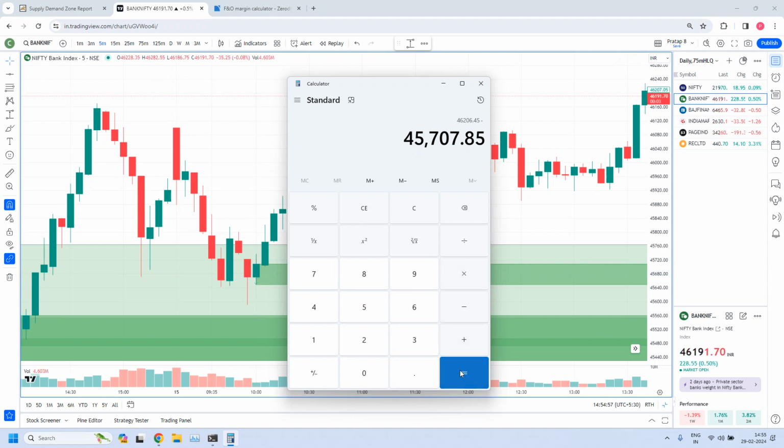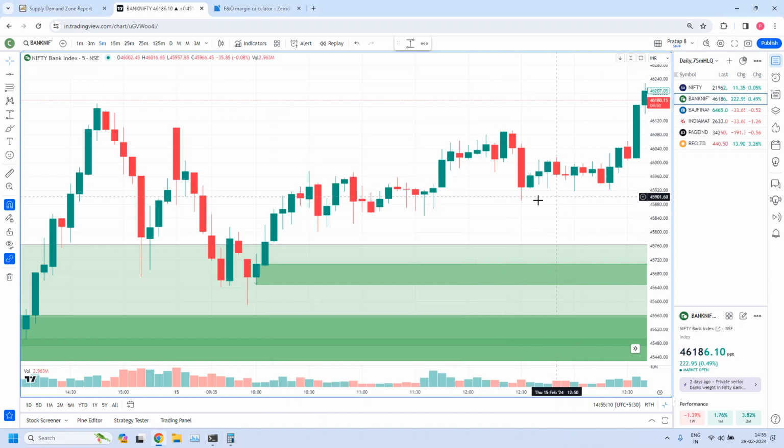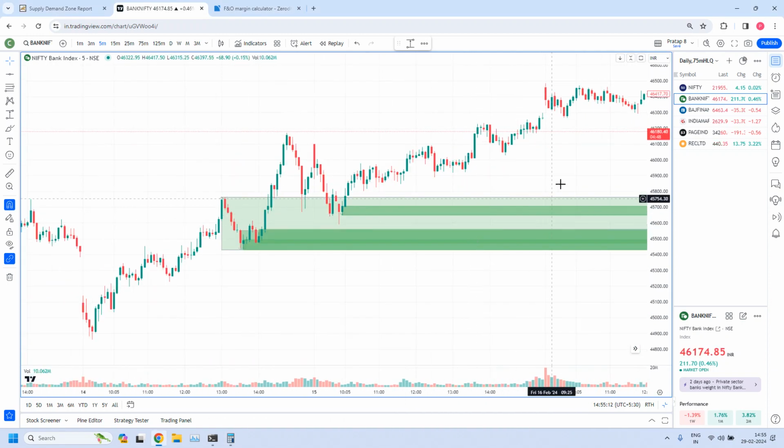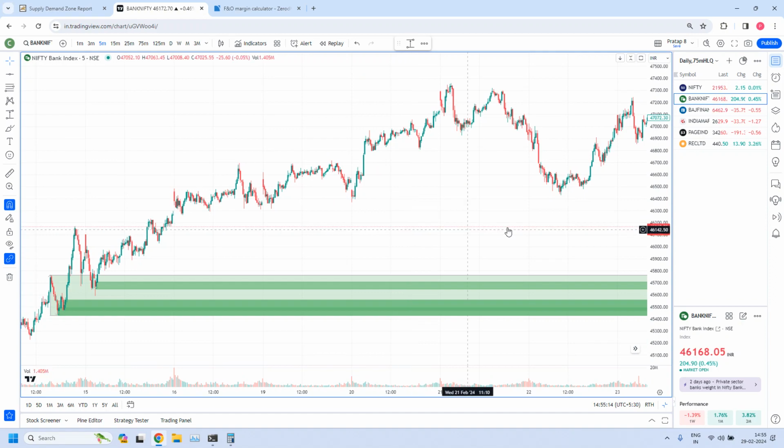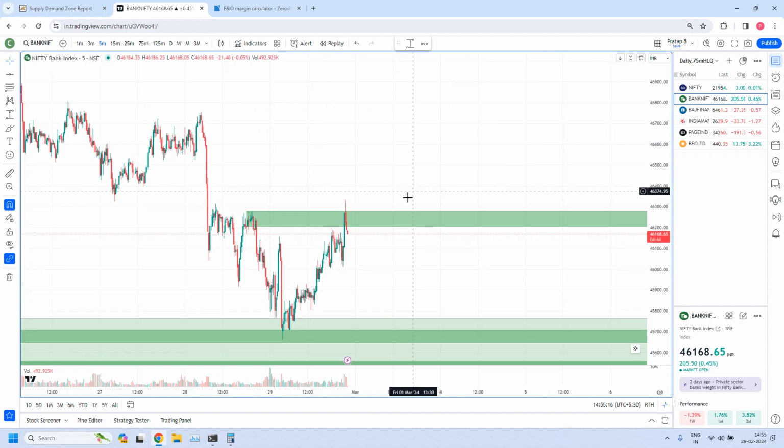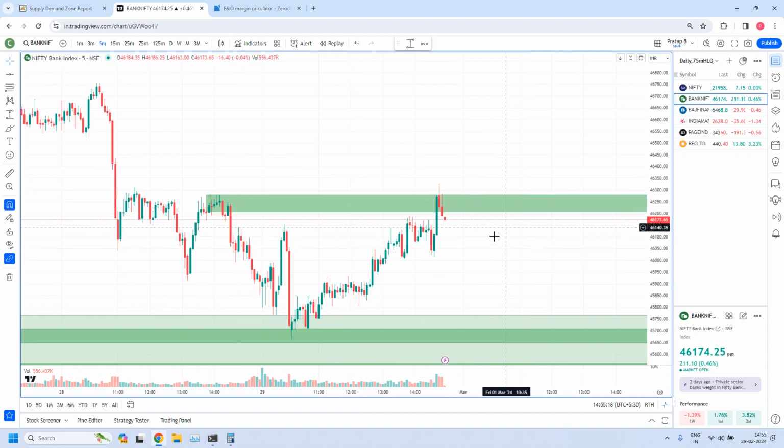Yes, perfect. Now let us check the value. We got 498.6. That means nearly 500 points profit we got in Bank Nifty. We would have got this much profit today. My God, what a good trade we all missed.